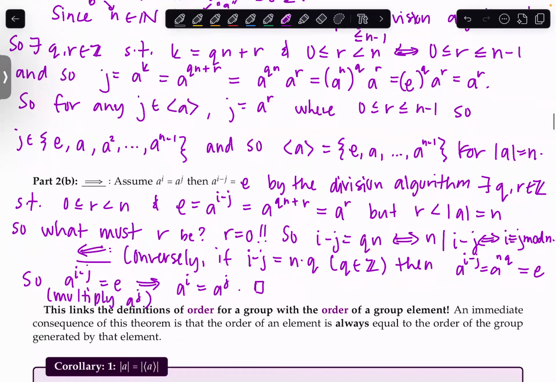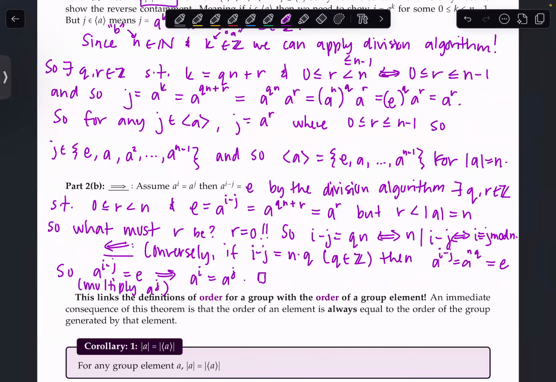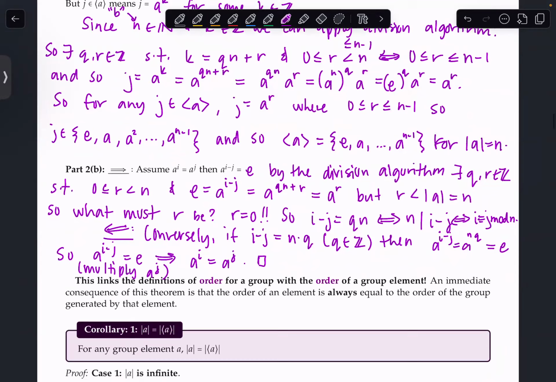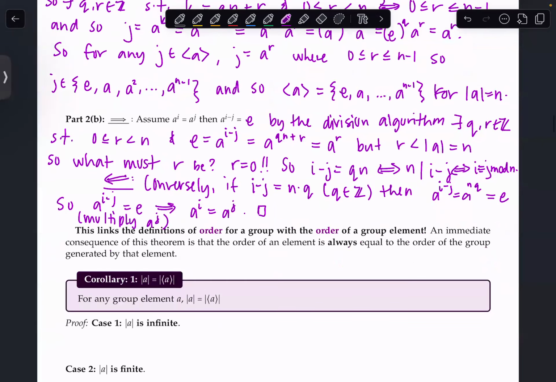Okay, so the biggest takeaway we want to see here is that this theorem ends up giving us a link between the definition of the order of an element and the order of a group. But really, this is only going to work if I'm working with cyclic groups here, right? So it's gonna turn out that a group generated by A, so a cyclic group, is gonna have the same exact order as the order of the element.